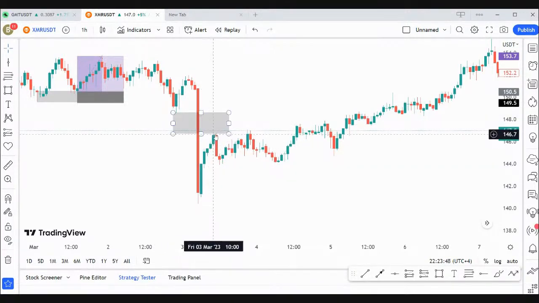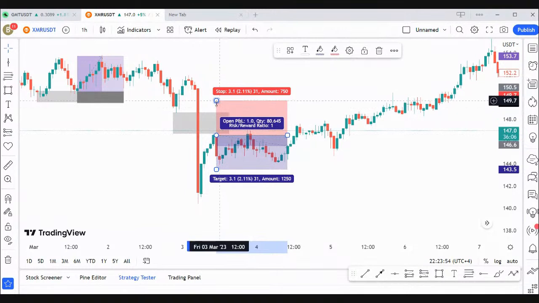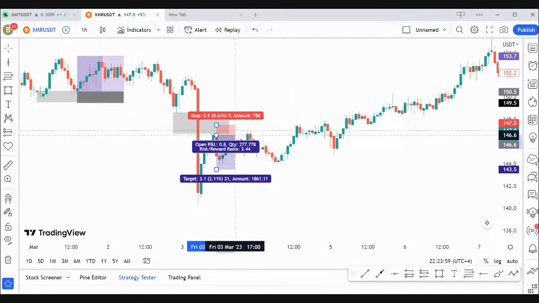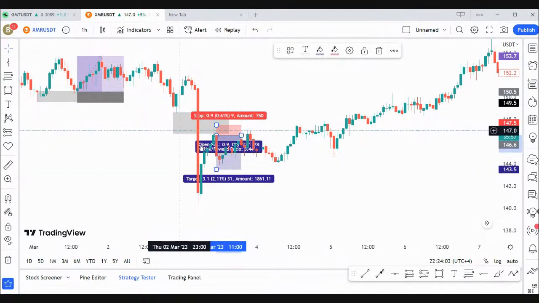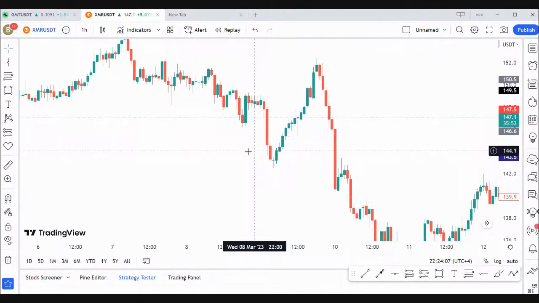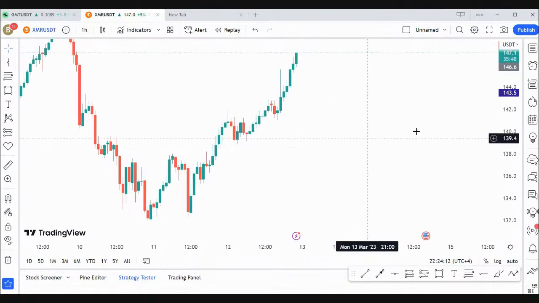So price comes back here, touches here, and then sells off. If you are shorting from here, you put your entry here, you put your stop loss above, and you can see that you made a lot of small money. So all you need to do is first spot it, like now.